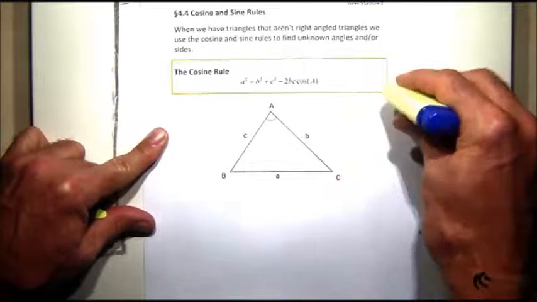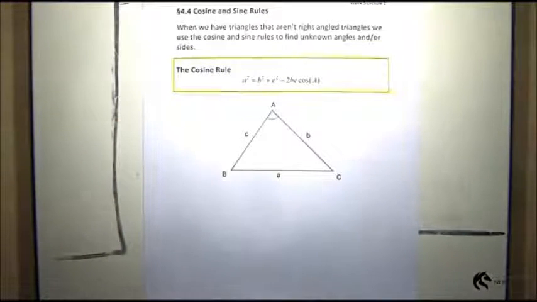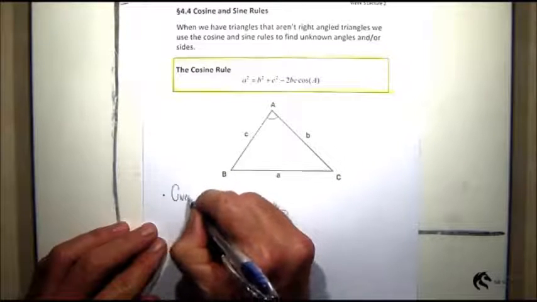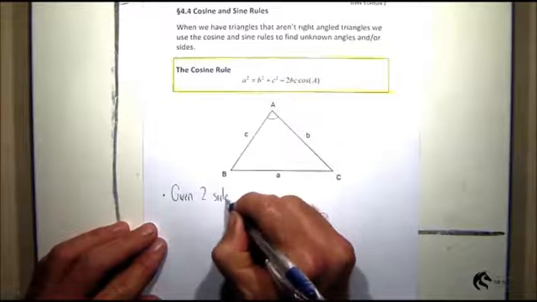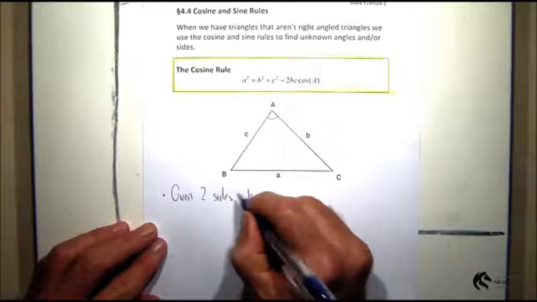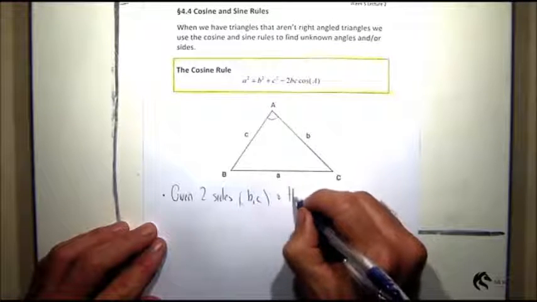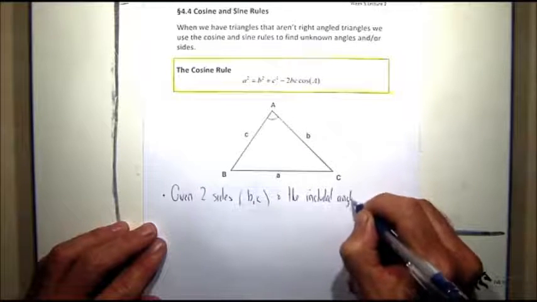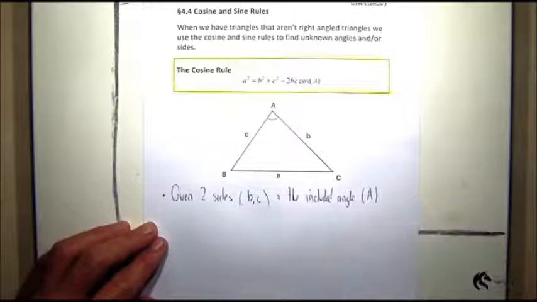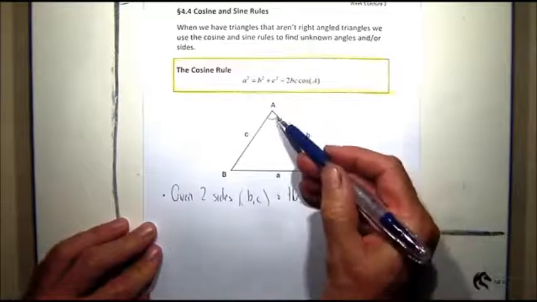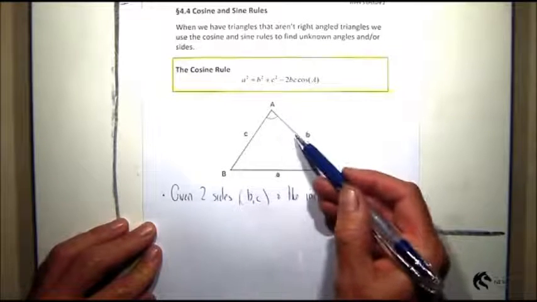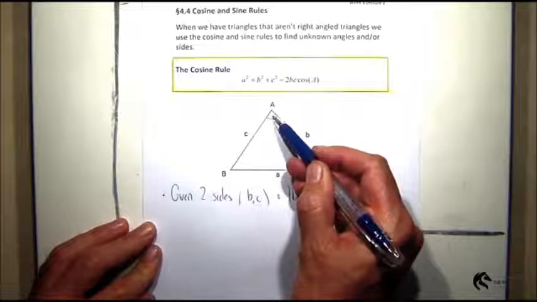And it's this. Where does it come from? Well, first of all, I guess I should say this. It says, if I'm given 2 sides, in this case B and C, and the included angle, in this case A, so you can see in the picture here, angle A is included between sides B and C. Okay, so I need the included angle to use the cosine rule.